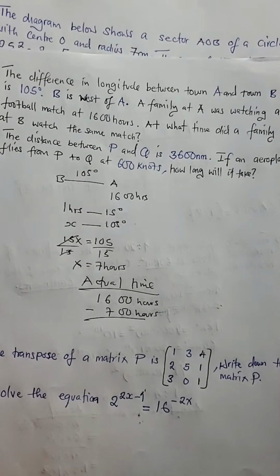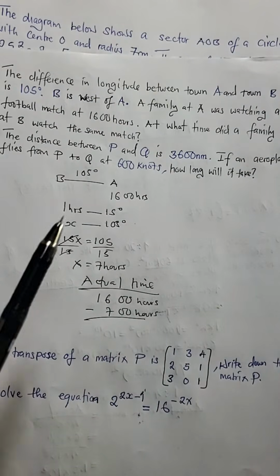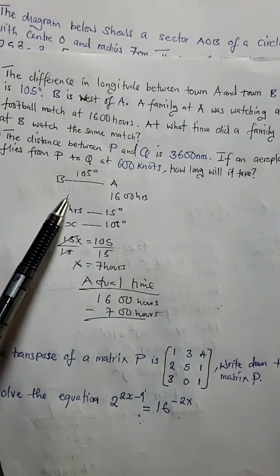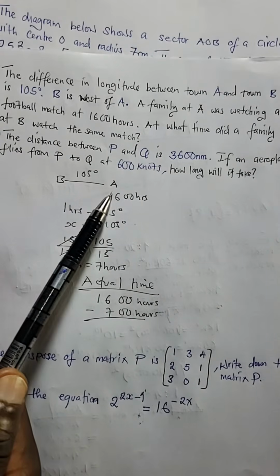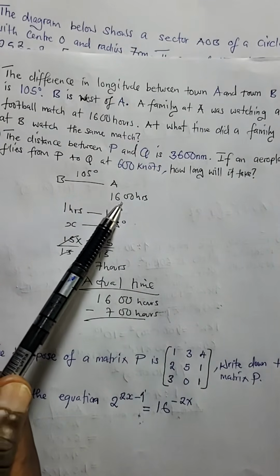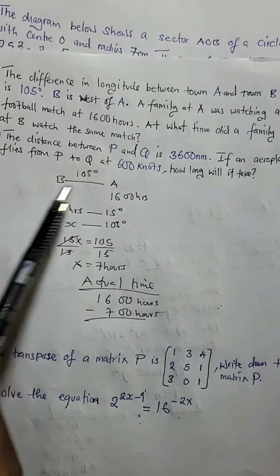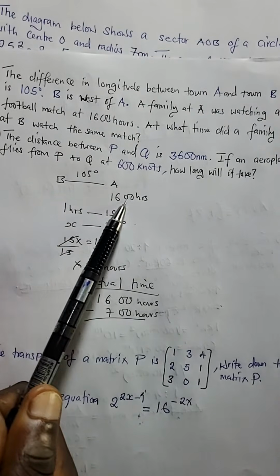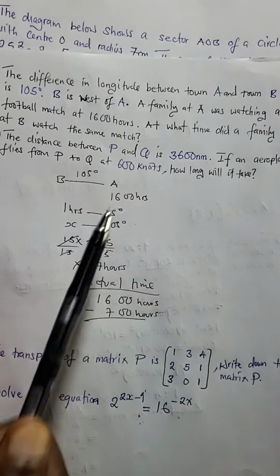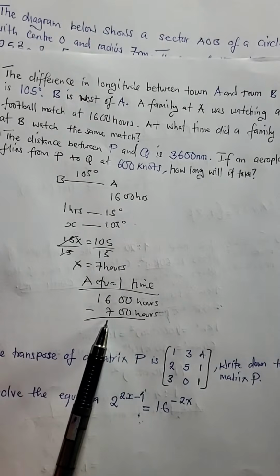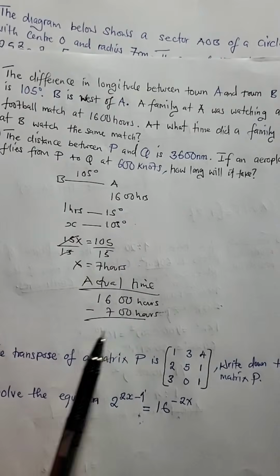Why are we subtracting? Because town B is west of A. If 16 was at B and we were asked to calculate the time at A, which is on the eastern side, on the right, we would have added, and the answer would have been 23.